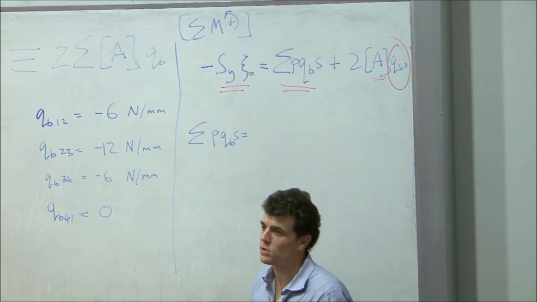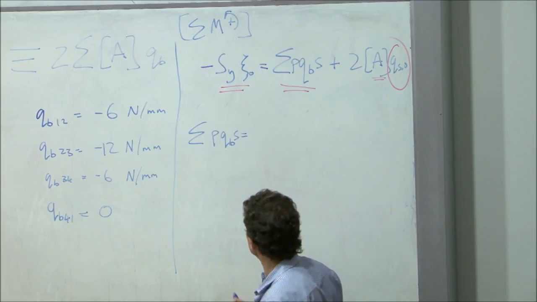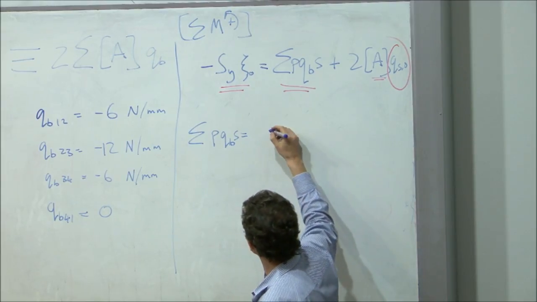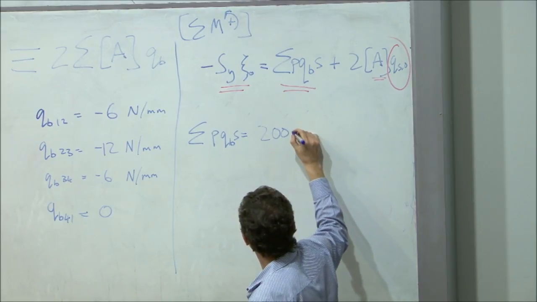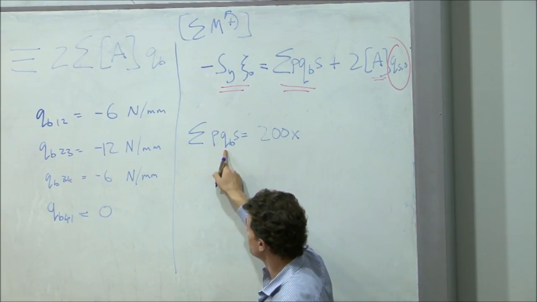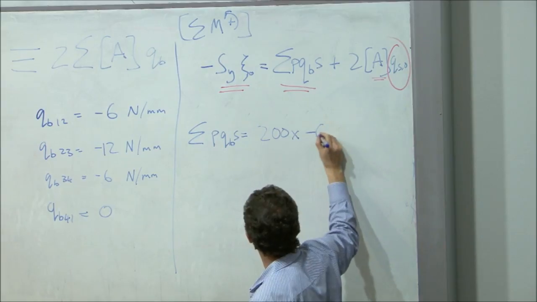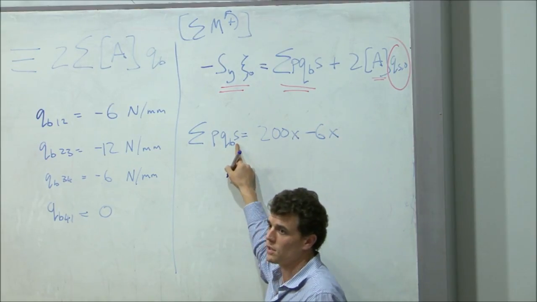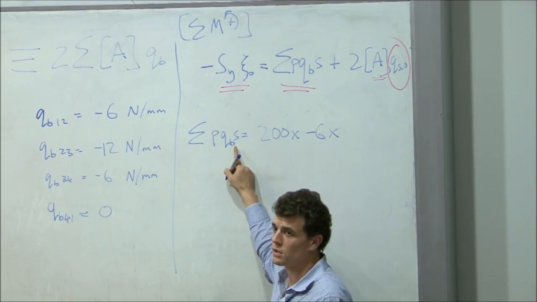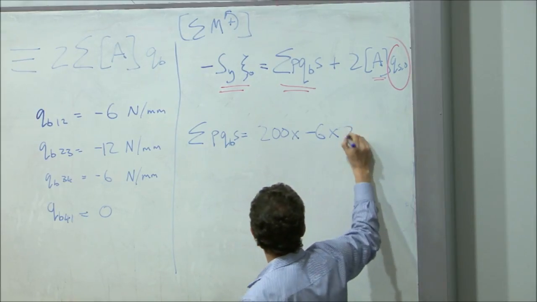The geometry is up at the top. 200, yeah. So the first term in this is 200 is the moment arm. The Q is minus 6. And the S is the distance over which it's acting. What's the distance over which it's acting? 200 as well.